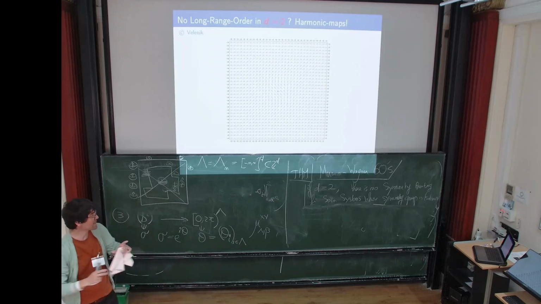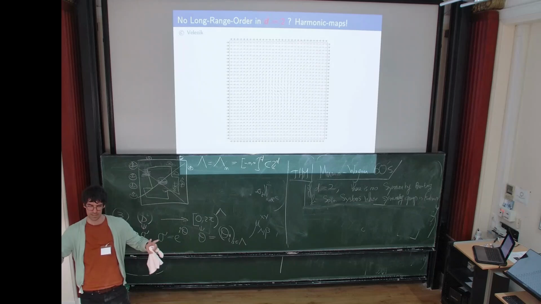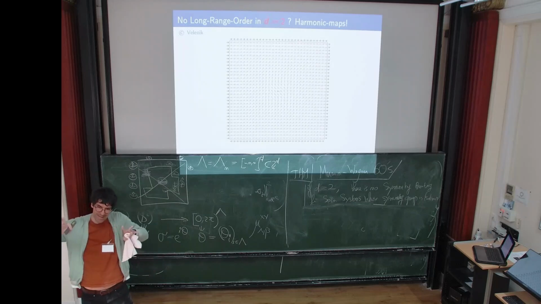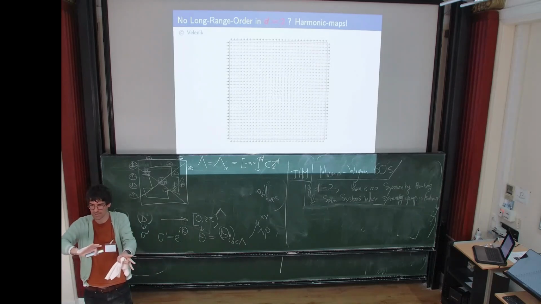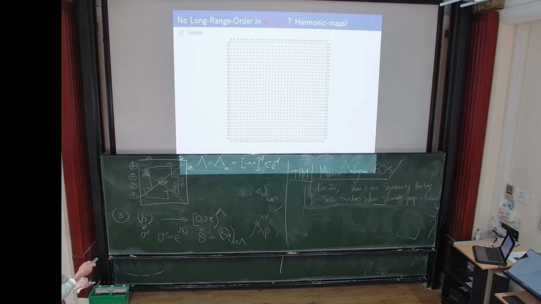And the main idea in the proof is to look at the XY model, so the random one, and to perturb it very slowly with this spin wave in such a way that it's indistinguishable. So I will tell you what I mean by indistinguishable, but the existence of these spin waves proves that there is no symmetry breaking in dimension 2.